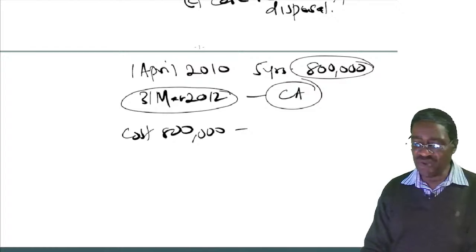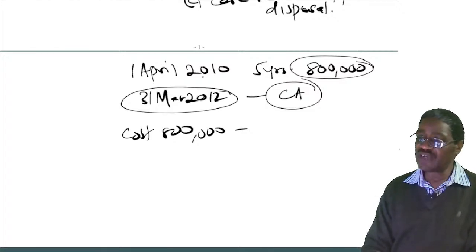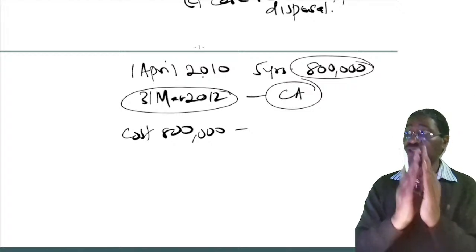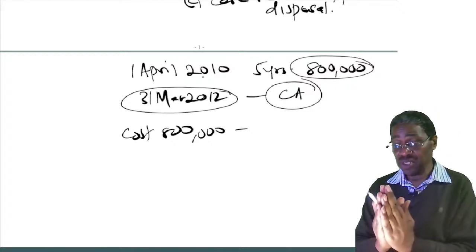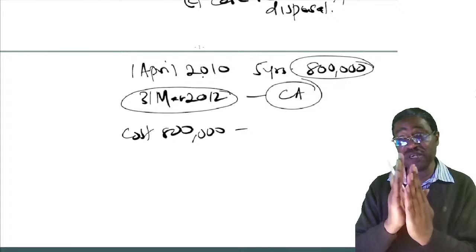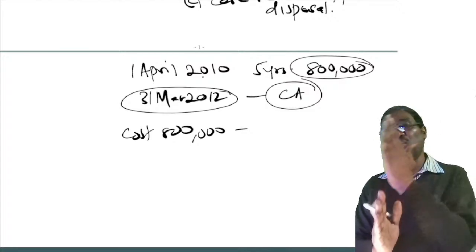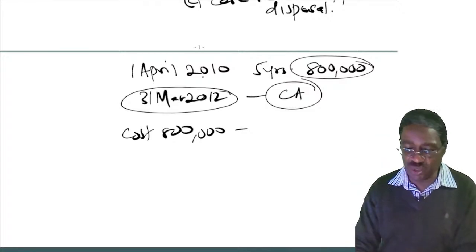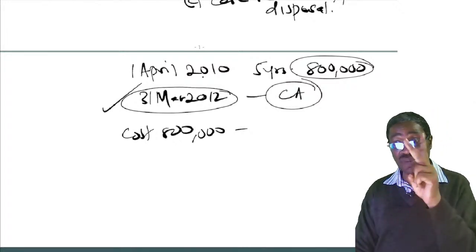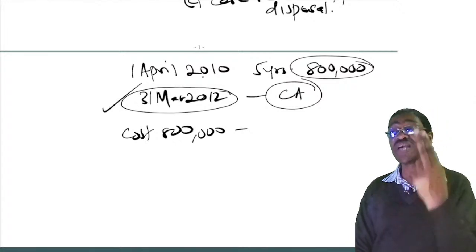From 1st April 2010, the first year went on until 31st March 2011. The second year began on 1st April 2011 and went on until 31st March 2012. So we have so far used the machine for 2 years, then something happened.